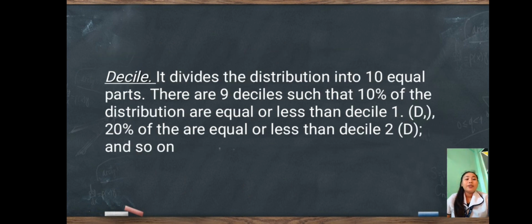Next is decile. The decile divides the distribution into 10 equal parts. There are 9 deciles such that 10% of the distribution is equal to or less than decile 1, 20% is equal to or less than decile 2, and so on. So a student whose mark is below the first decile is said to belong to decile 1.